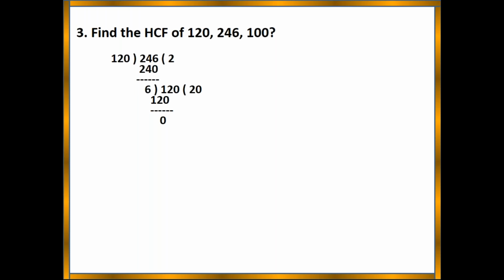So what is the last divisor? 6 is the last divisor. 6 is the GCD for only two numbers, 120 and 246.